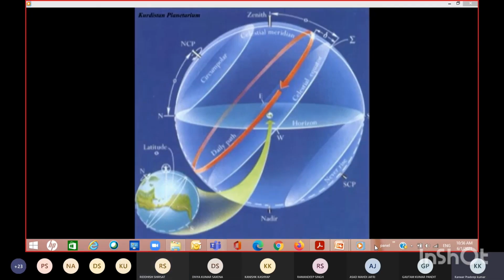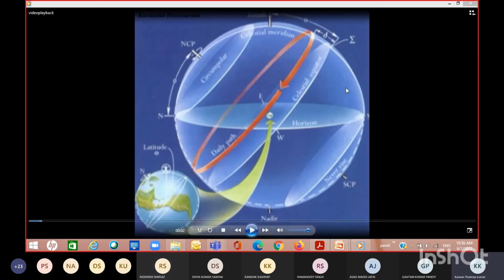Now imagine in this globe many great circles passing through zenith and nadir. It can pass like this on the left, on the right, everywhere, correct? But they will cut the horizon at different points. You can see on the horizon the east and west points where my cursor is moving.